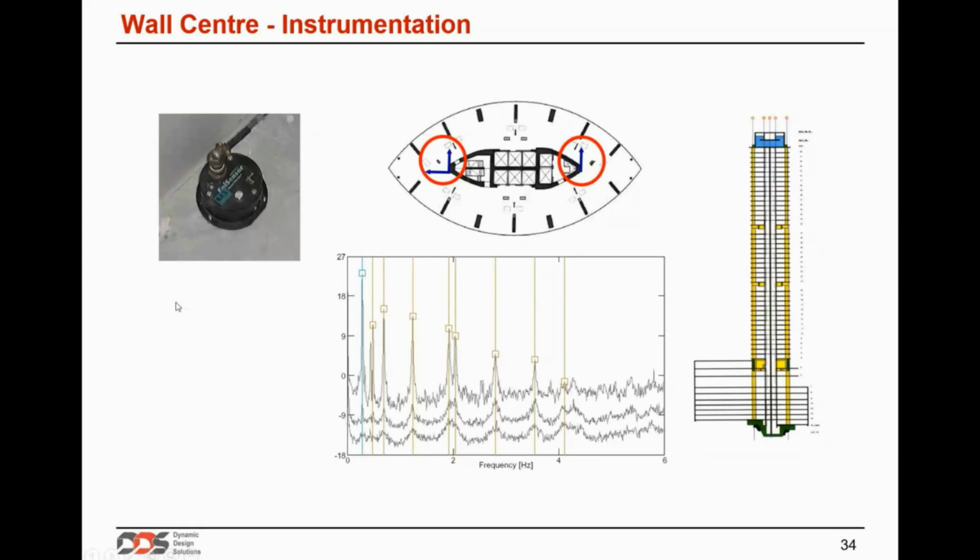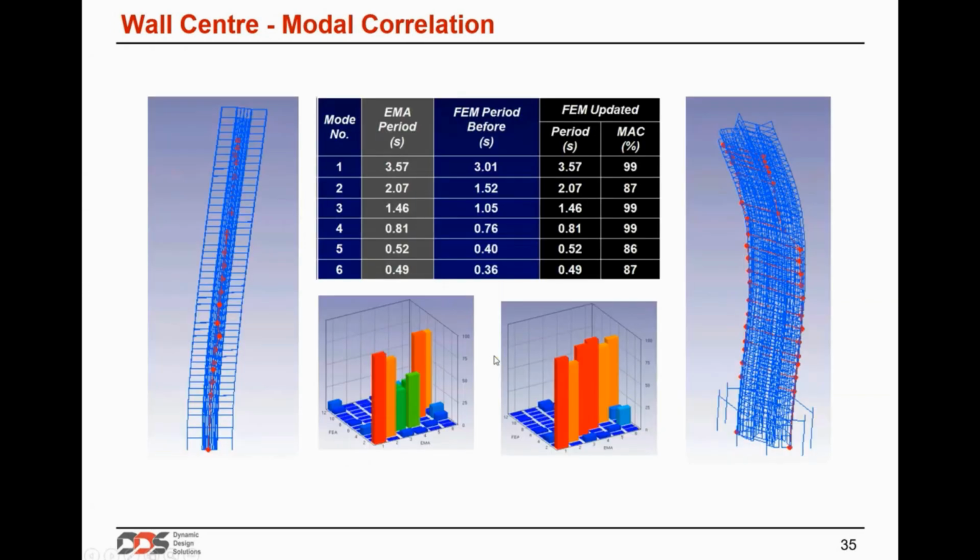Here you see a section of the tower, the shape of the section, an accelerometer sensor, and some typical response functions that you can obtain from this building, with some clear peaks, and this can be used for operational modal analysis.